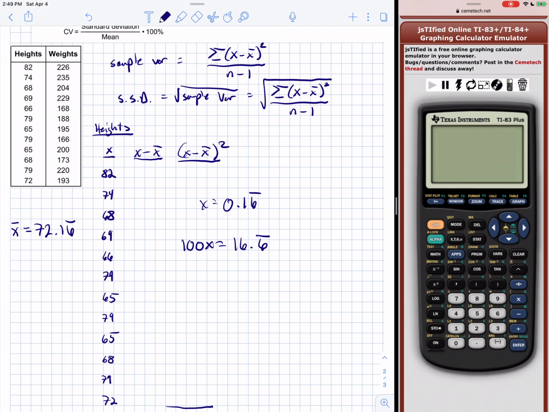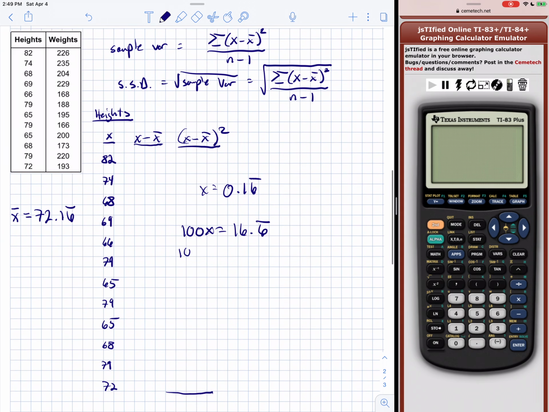And then say we said x times 1,000. I just want that fraction. So if we move to the right by 3, we get 166.6 bar, right? So if we said 1,000x minus 100x, we're going to get what? 900x.